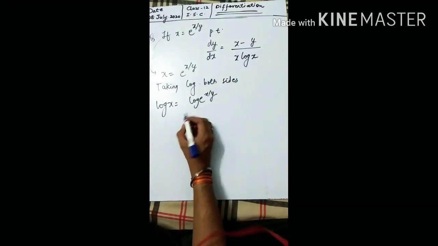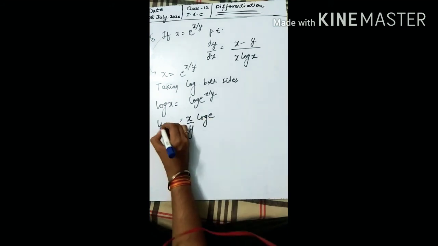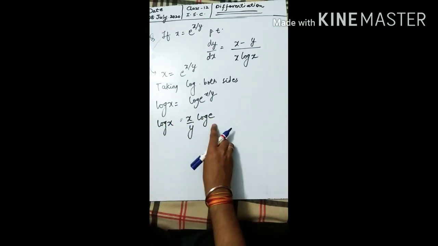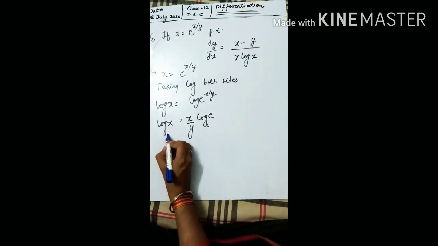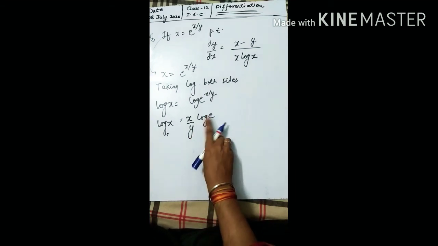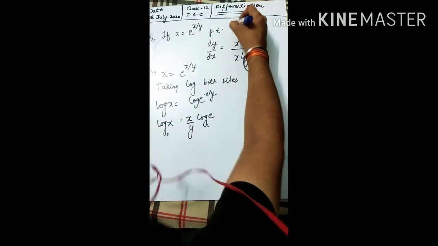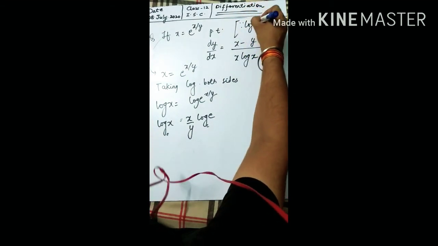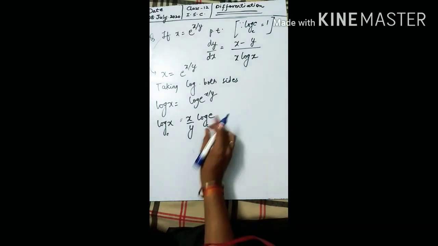Now this x upon y will come down, log e. What is log e? I already told you the value of log e, because this is the natural log, so the value of this will be 1. You have to always remember log e to the base e is equal to 1. So this is 1.